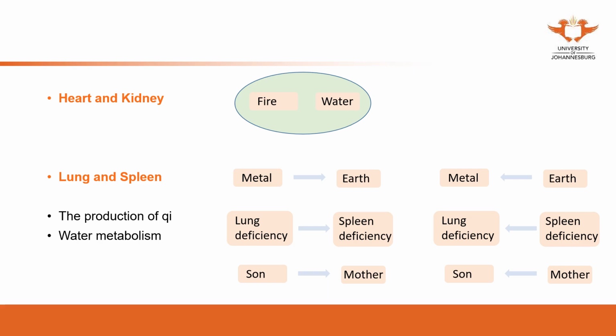So the tip to understand the relationship between these two is always to try to find the agents in between. Which materials, which substance is common to these two organs? They share it in these two organs.